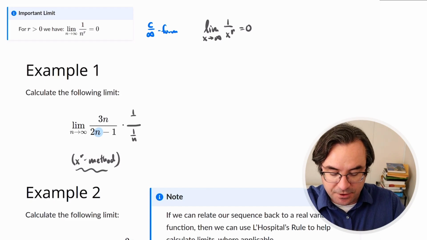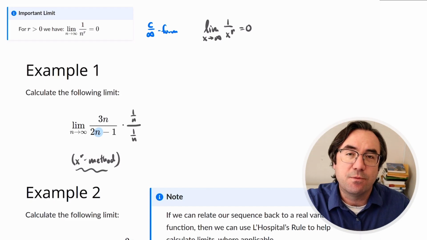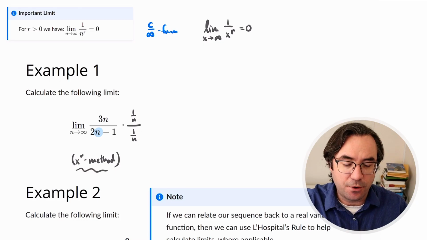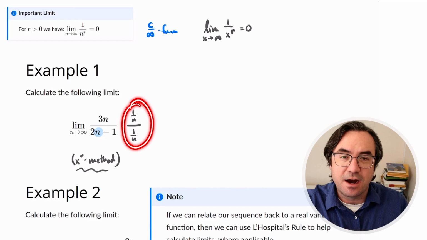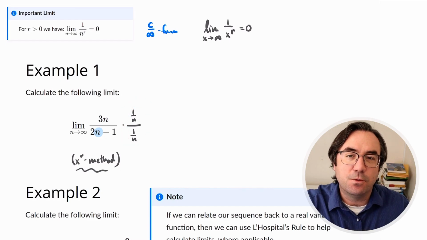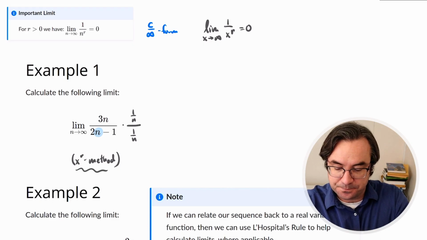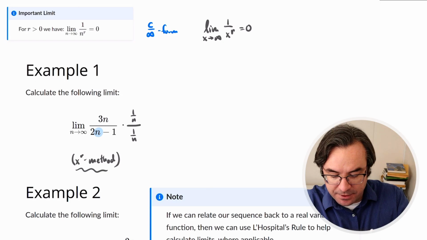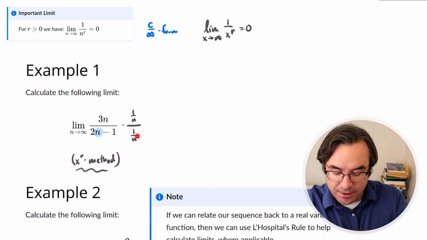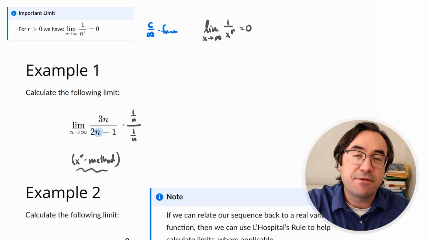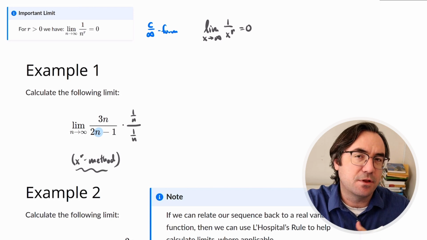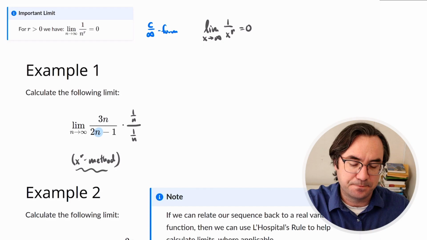So we're going to multiply the numerator by 1 over n, and we'll multiply the denominator by 1 over n. So this is just our fancy one here. And then we just distribute. And just to point out, if this was an n squared, then we'd be dividing everything by n squared. So whatever the largest power in the denominator is.